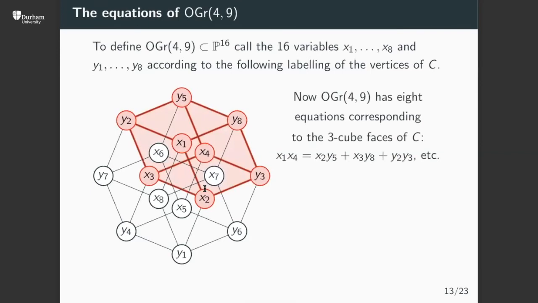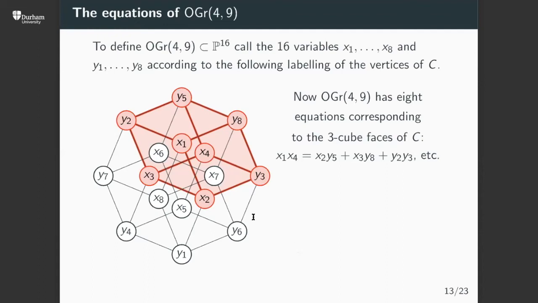And so they're the generators of the coordinates, the distinguished coordinates on this Grassmannian. And the way that you read off the equations for this Grassmannian is that you look at the 3-cube faces of this hypercube, and the way that this thing has been projected, 2 of the variables appear in the middle here, so x1 and x4, and then I multiply those 2 things together, and that is equal to the following: I work around the vertices outside the cube and I multiply together antipodal points and add them together.